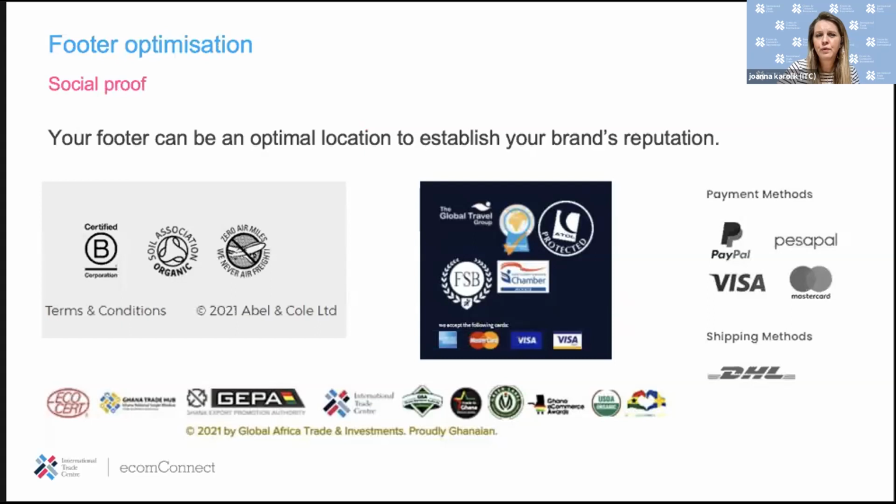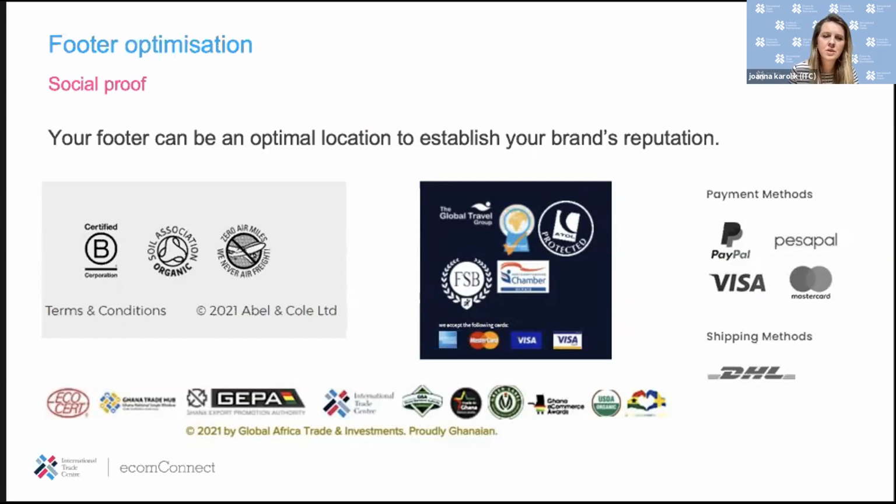And then your footer can be an optimal location to establish your brand's reputation. Again, as we mentioned earlier, about awards, about affiliations, also if you are using some payment methods, add the logos. Are you working with some shipping companies?